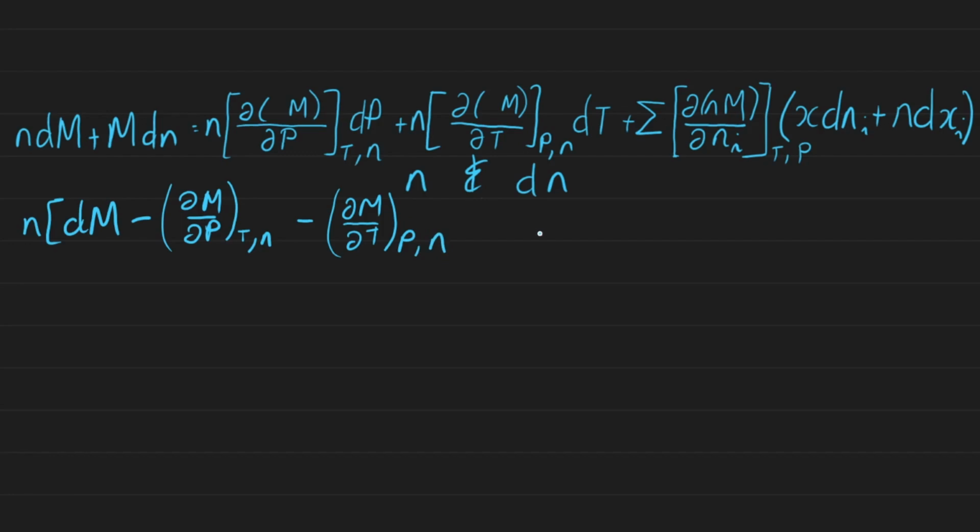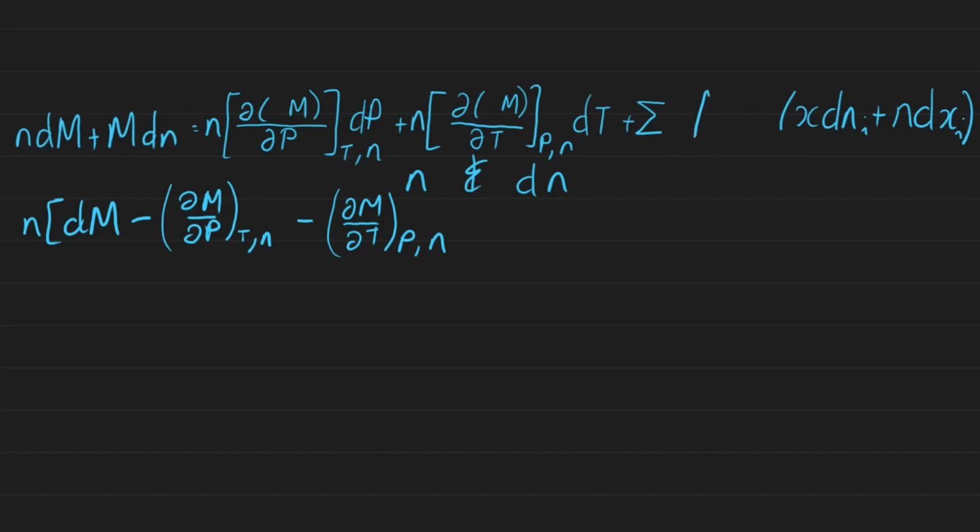And what else? Okay, we have n here associated with this dx_i. So also from our definition of partial properties, we have defined partial properties as essentially being the change by which the property changes with the number of moles.